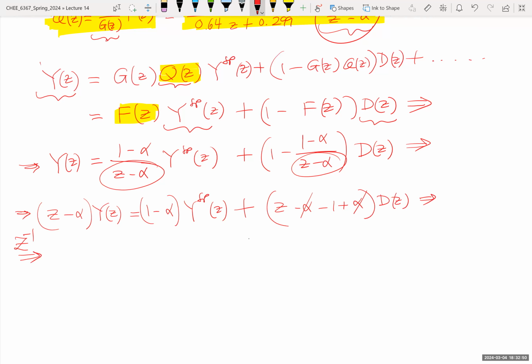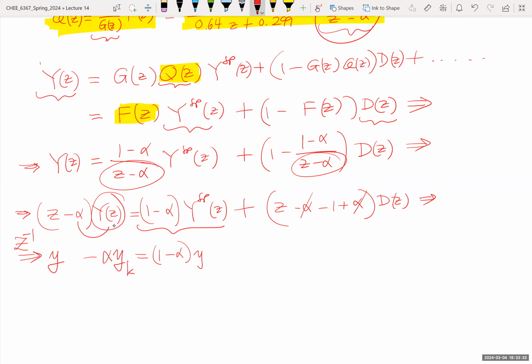I take the inverse. When I multiply z by a y of z, a z transform, when I go back to the time domain, the discrete time domain, this is a sequence y at what point in time, in discrete time? Well, let's do the other one, this alpha times y. Alpha is a constant, so if I invert this y of z, I get the sequence y at time k, right? And if I invert this thing, this is a sequence 1 minus alpha is a constant.